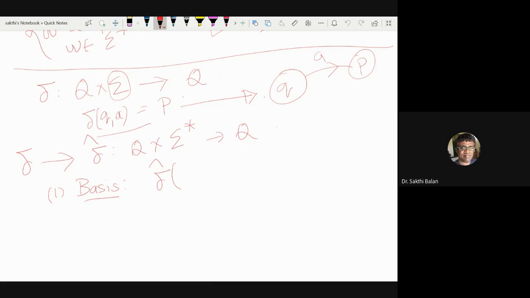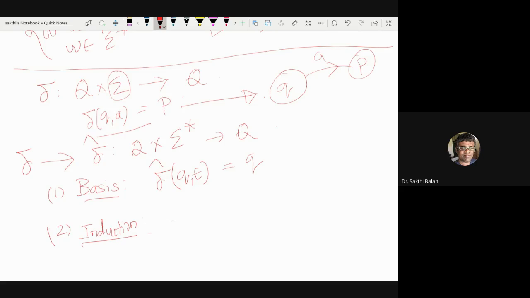So delta cap of Q comma epsilon is given as Q, and the induction step is, so this is an inductive definition. It is also called a recursive definition.